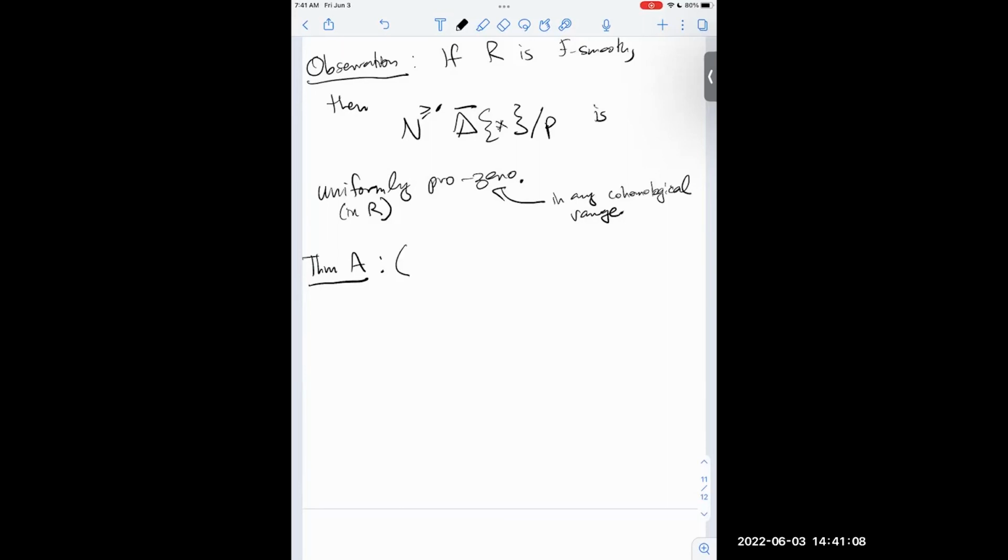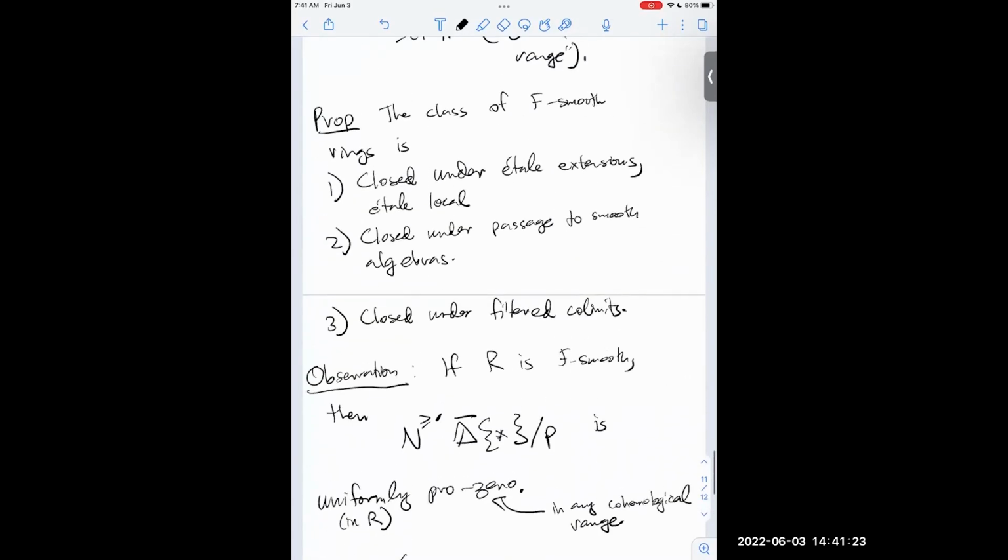So first, a question in the room. In the last theorem, you claim the class of F smooth rings is closed under étale extension. I wonder what it means by étale extension, because the second one tells me it's closed under smooth algebras. I guess I was redundant.